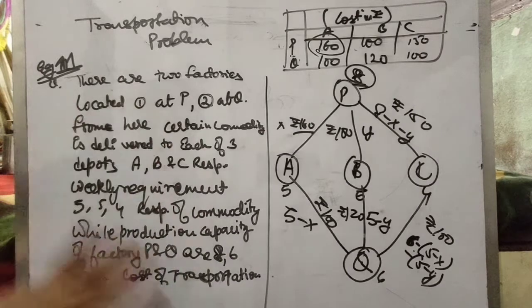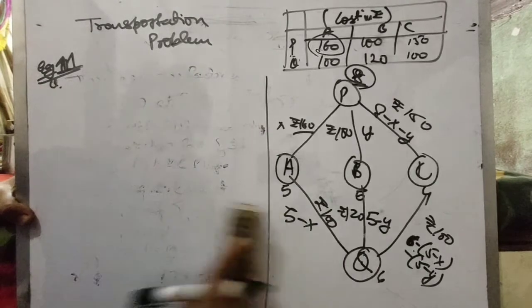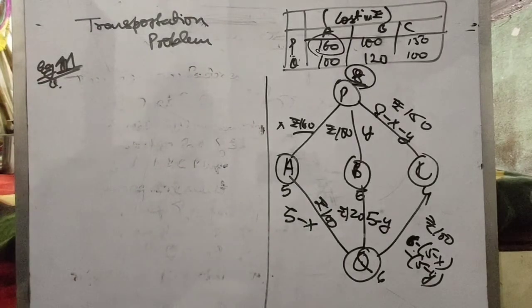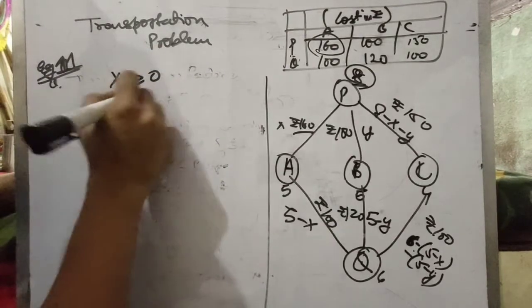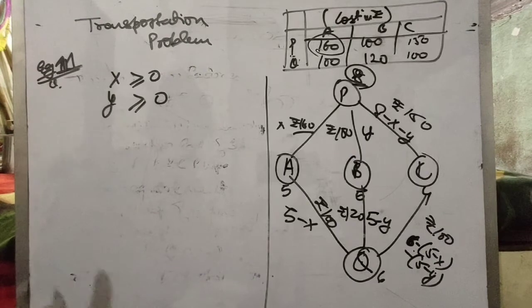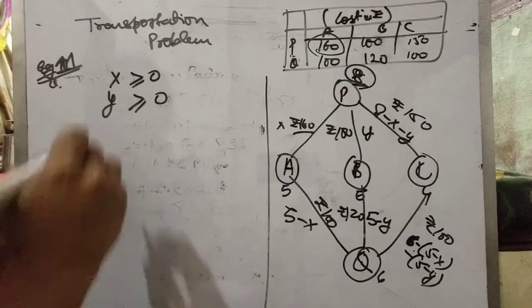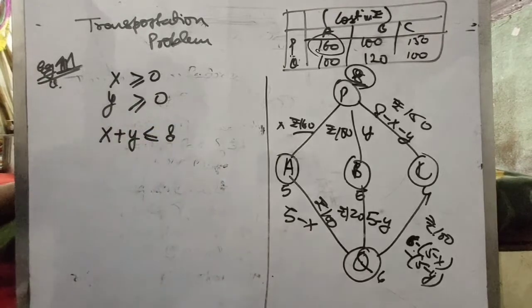So I'll rub the question and form the equations on this side. Our very first equations, just remember X is greater than 0 and Y is greater than 0. These two are obvious that you need to write here. The second equation will be X plus Y less than 8. Why?